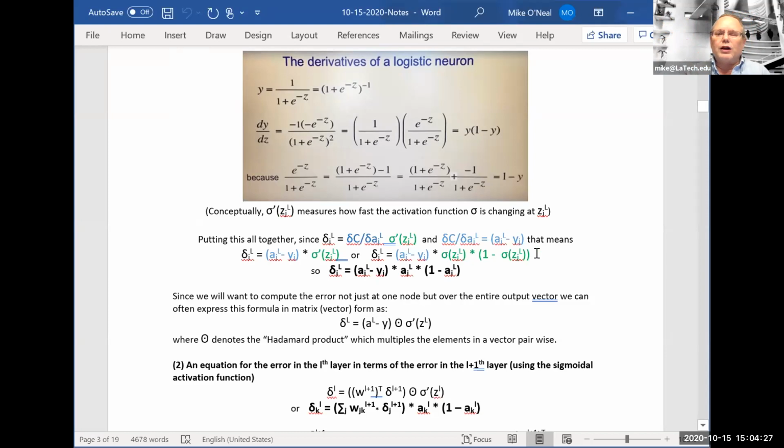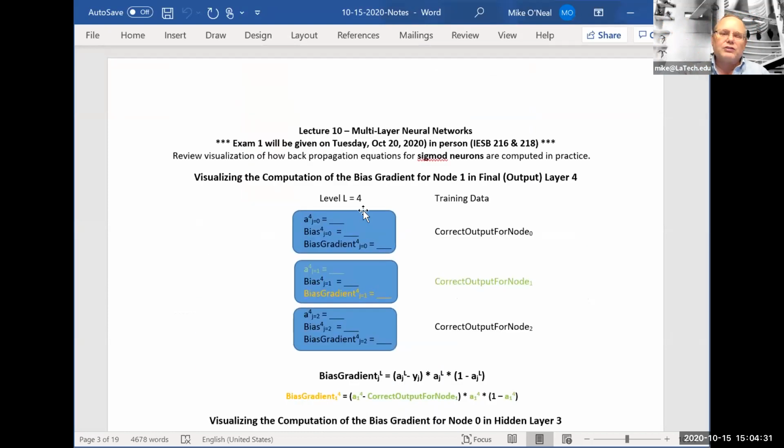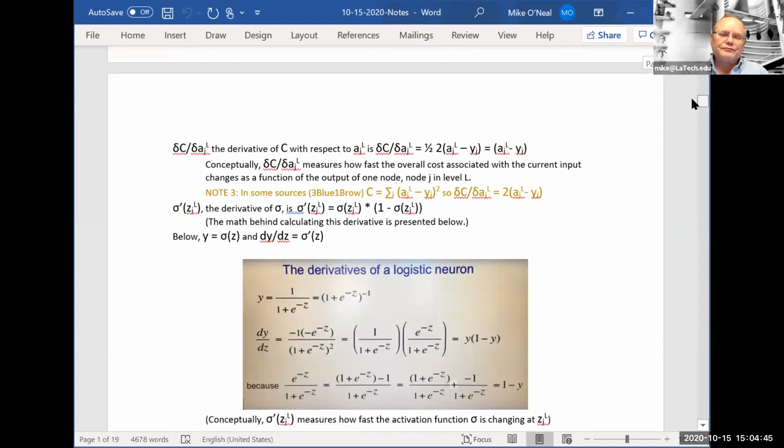So we're not just going to be interested in one node, right? We would have to do it for node 0, for node 1, for node 2, for each of the nodes in the layer. That's fine. And that's how you're going to do it in your program.